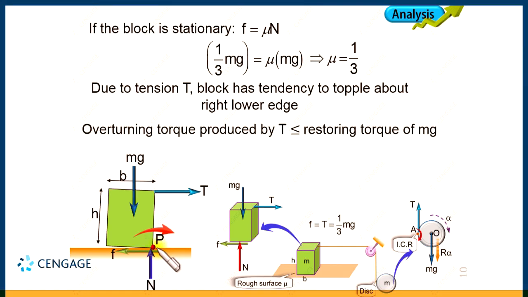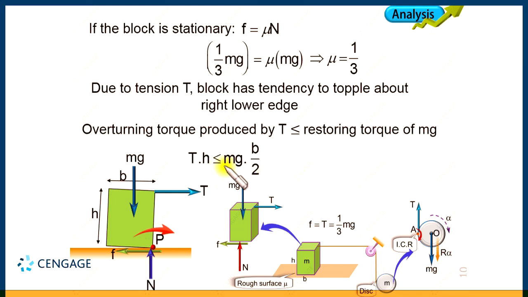And the torque due to capital T about this point P is equal to capital T multiplied by small h, and the torque due to mg is equal to mg multiplied by the lever arm for mg, which is equal to b by 2. So we can write here T multiplied by small h is less than or equal to mg multiplied by b by 2.